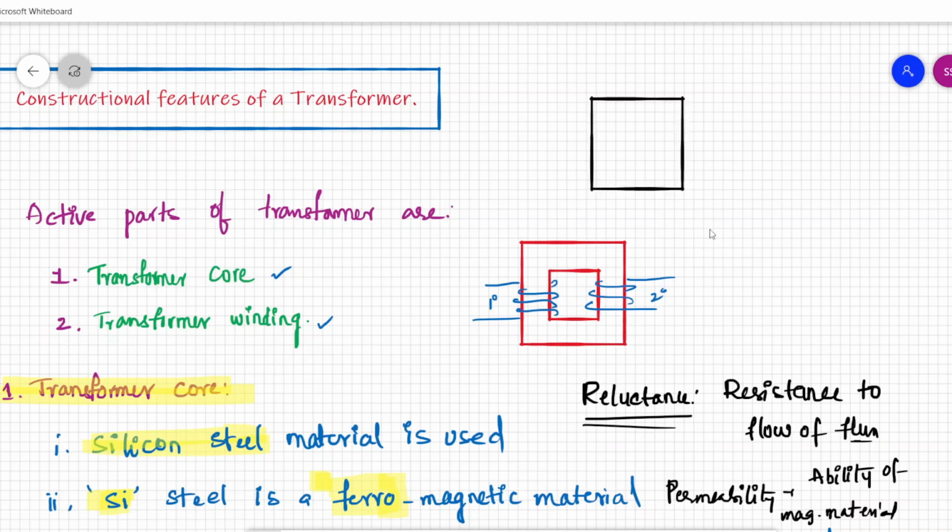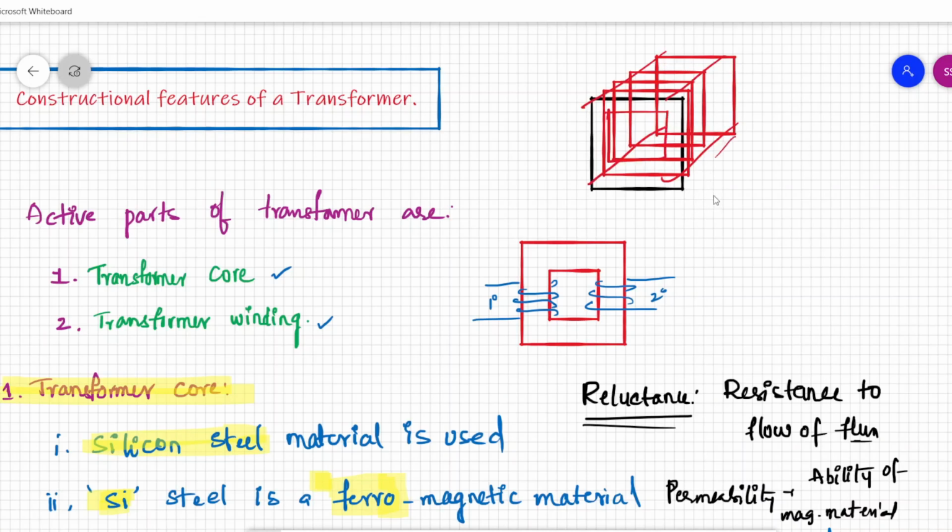Here I make one lamination, then put another lamination next to it, and so on. I combine them and press them together to form one core material. This is nothing but core lamination and core stacking. These laminations are put together, which is called stacking. There is insulation between each and every lamination, to reduce the eddy current losses.